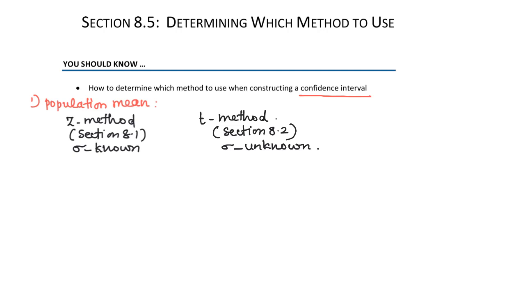So we use T method when sigma is unknown. In both the cases we need to check whether n is greater than 30 or the population is approximately normal.